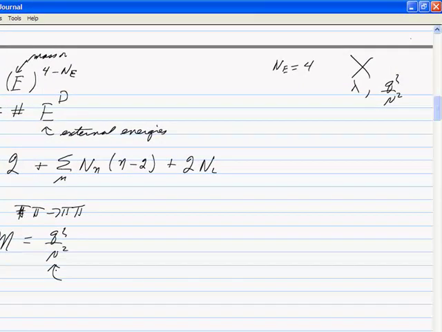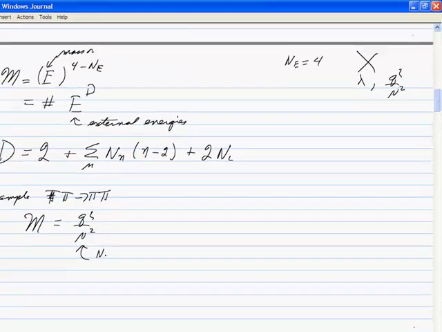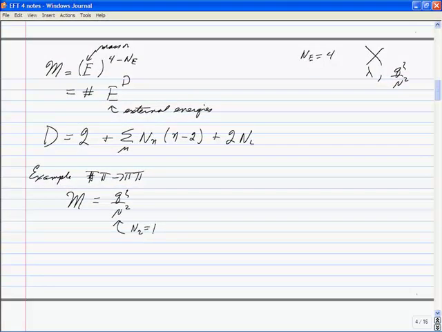This guy came out of the two-derivative Lagrangian, so N2 equals 1, and the number of loops for that guy was 0. The number with 2 derivatives was 1, but that 2 minus 2 is 0, so it just becomes order energy squared.